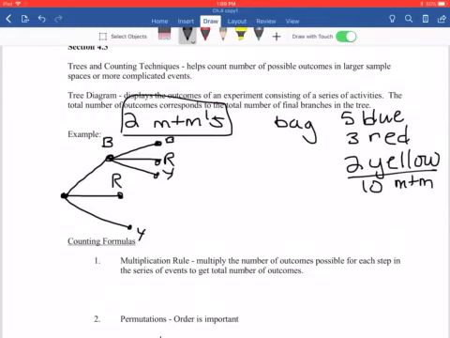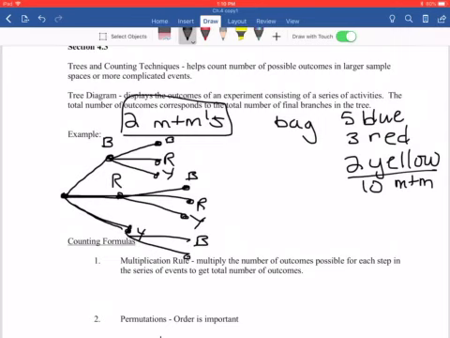Okay, and I do the same thing for the second branch here because another situation could have been I have a red M&M on the first draw, I have a blue M&M on the second, or a red on the first, a red on the second, or a red on the first, a yellow on the second. Okay, another situation is if I have a yellow on the first draw, I could have a blue on the second, a red on the second, or a yellow on the second.